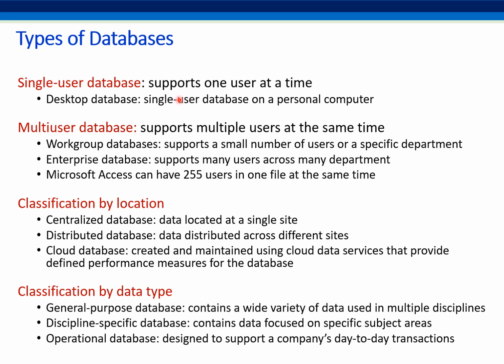But you can't have more than one person log in at the same time. A multi-user database would be Microsoft Access, because in one Access file, you can have 255 people logged into the same file at the same time, all working.